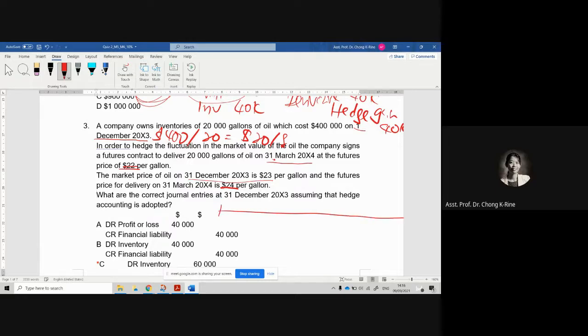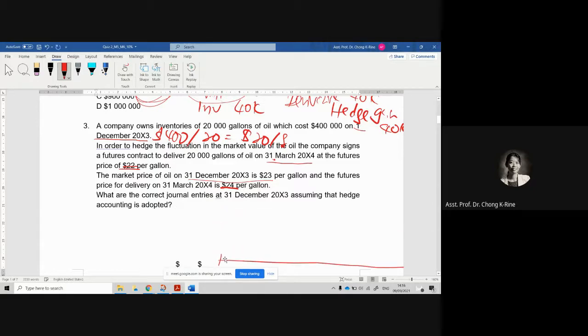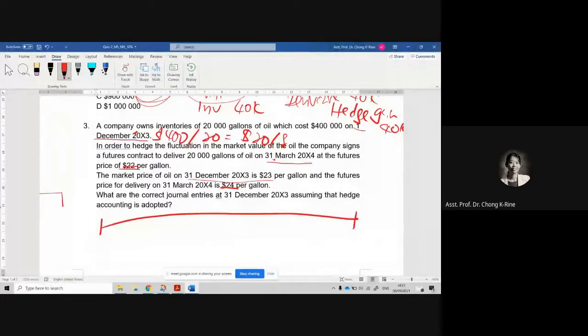So I'm going to draw a timeline over here. On 1st of December X3, I will start with the inventory first.